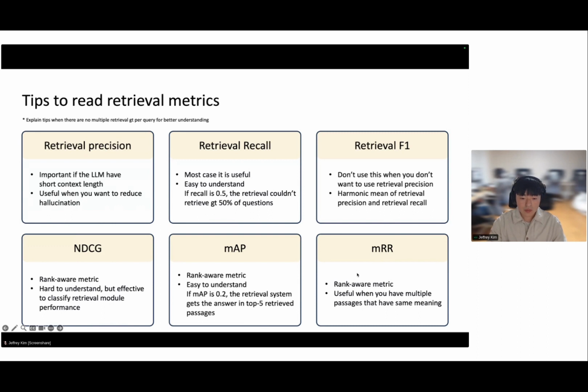When you have just one retrieval ground truth per query, the MAP and MRR values are exactly the same. So when you have many multi-hop questions and multi-passage questions, MRR will be useful. And it will be useful when you have multiple passages that have the same meaning.